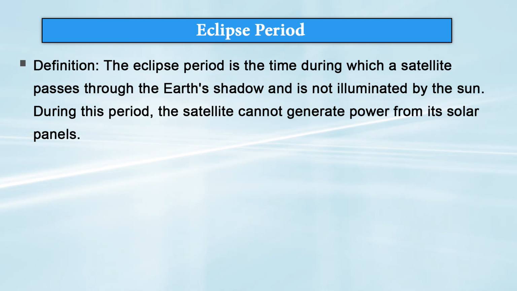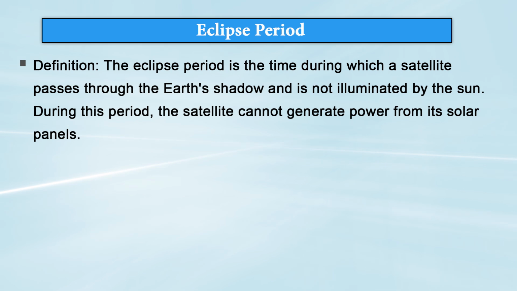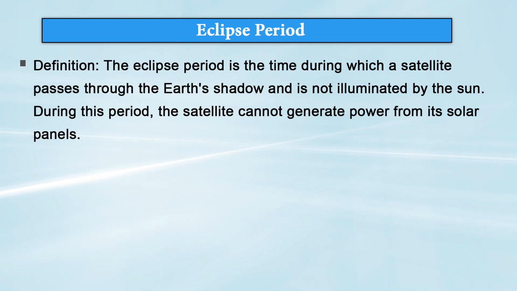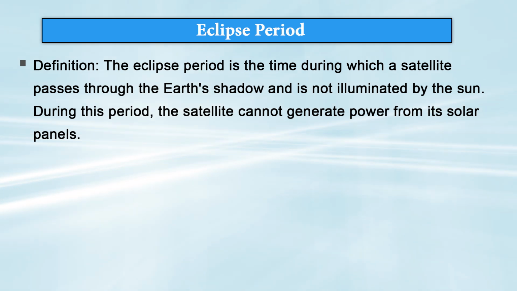Eclipse period. The eclipse period is the time duration in which the satellite passes through the earth's shadow and is not illuminated by the sun. During this period, satellite cannot generate power from the solar panel.